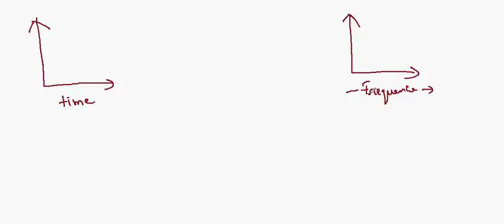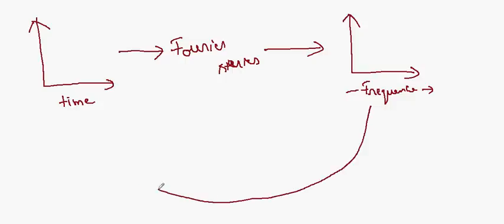For example, signals are analyzed in frequency domain. They are transformed from time domain using the Fourier series to frequency domain, and then they are analyzed, and if required we transform back to time domain using inverse Fourier series.